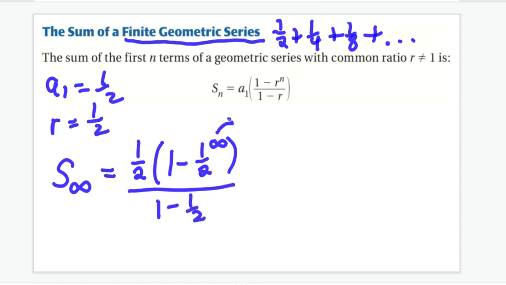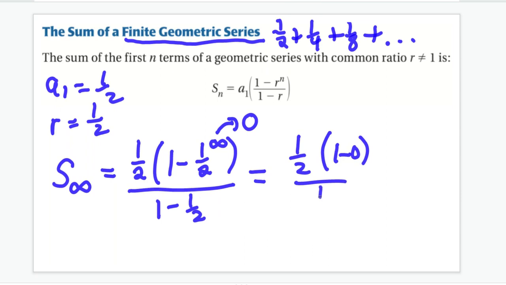So if I take 1/2 times 1/2 times 1/2 times 1/2 times 1/2 and keep going, the numbers keep getting smaller and smaller and they go to 0. So this approaches 1/2 times 1 minus 0 over 1/2, because 1 minus 1/2 is 1/2. So 1 minus 0 is just 1, and you get 1/2 over 1/2, which is just equal to 1.